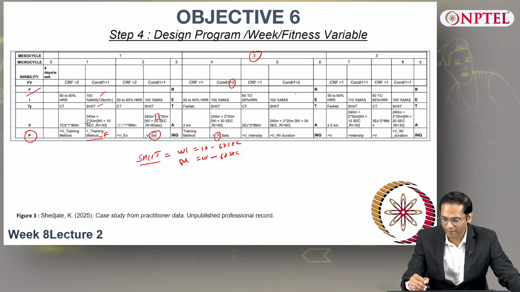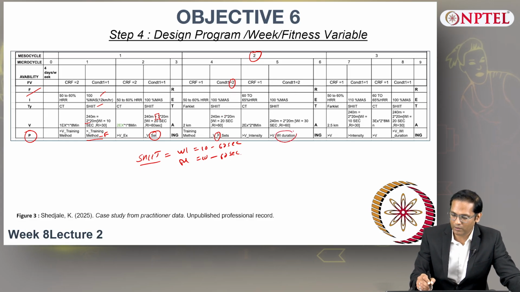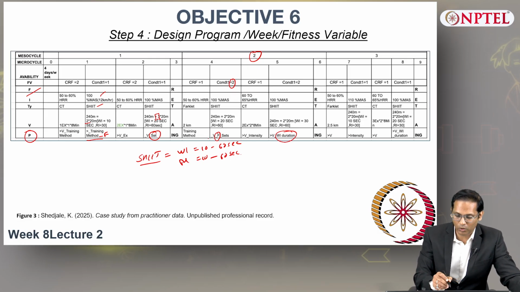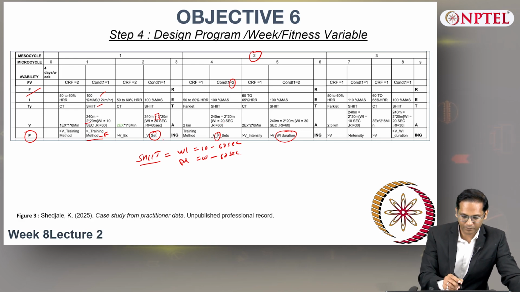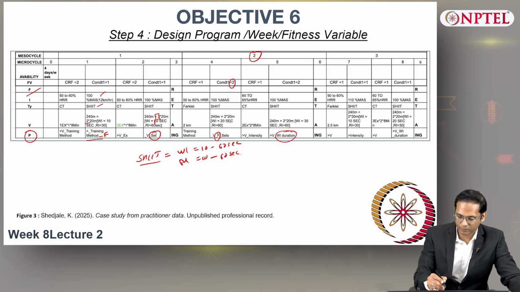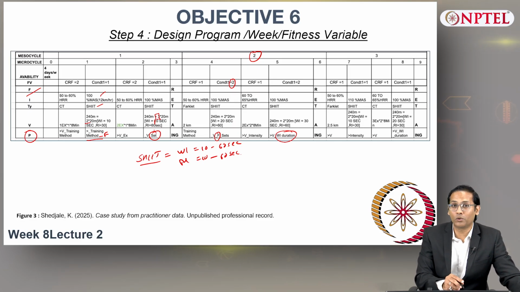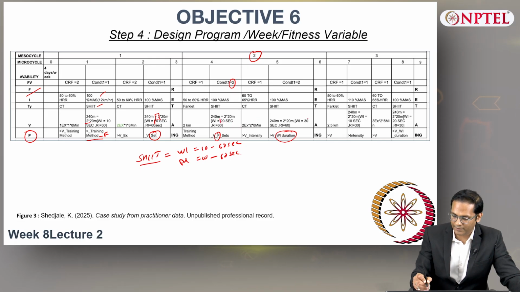Now in week 5, the progression is given with respect to volume by increasing the work interval duration. Initially the work interval was 10 seconds, now the work interval would be 20 seconds.